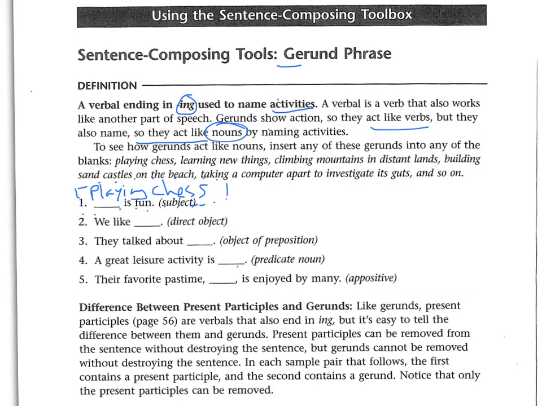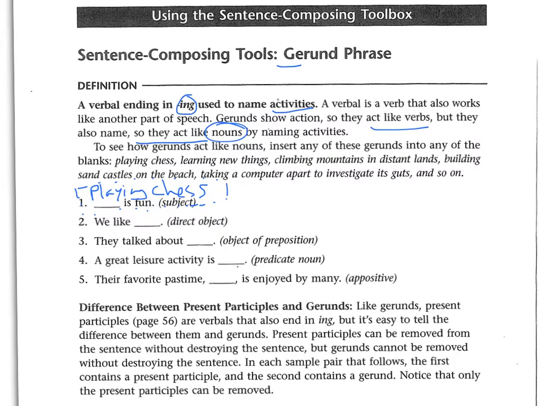Gerunds can also be the direct object, which is a noun. We like playing chess. Gerunds can also be the object of the preposition. Or, in other words, gerunds can be the noun in the prepositional phrase. They talked about playing chess.